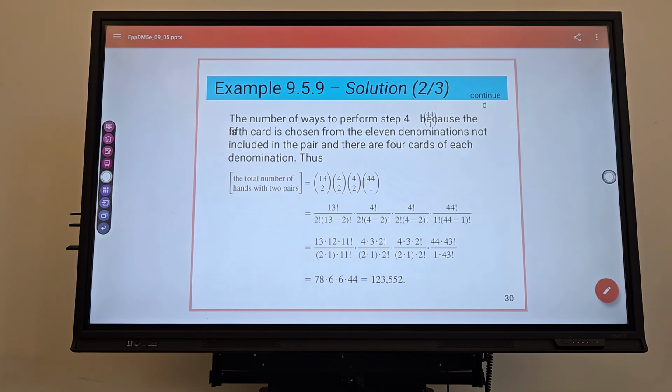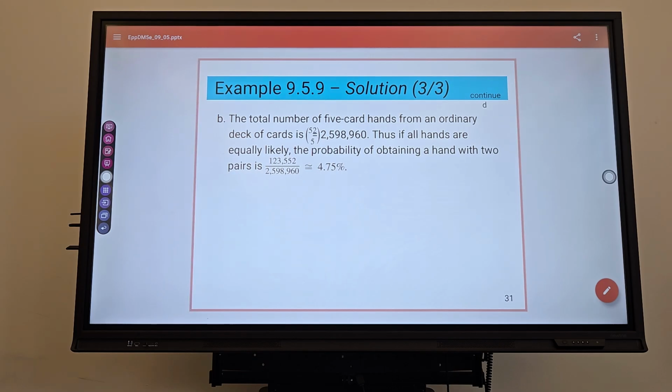But how many hands are there possible in all? Well, the total number of 5-card hands from an ordinary deck of cards is 52 choose 5, or almost 2.6 million. Thus, if all hands are equally likely, the probability of obtaining a hand with 2 pairs is roughly 4.75%.